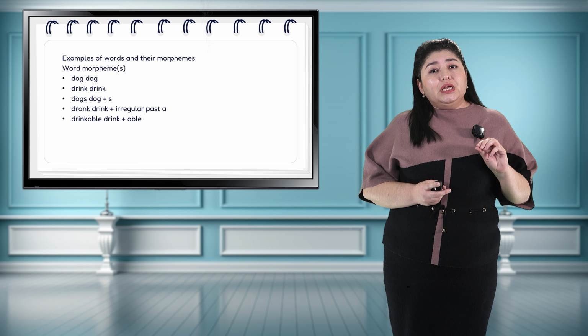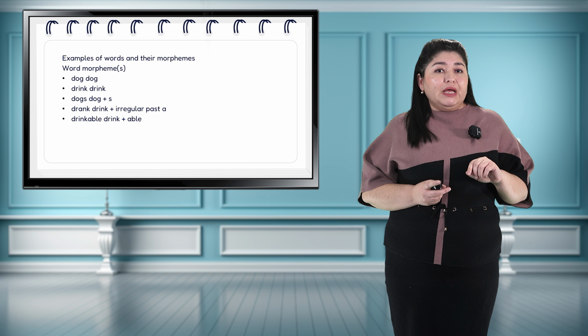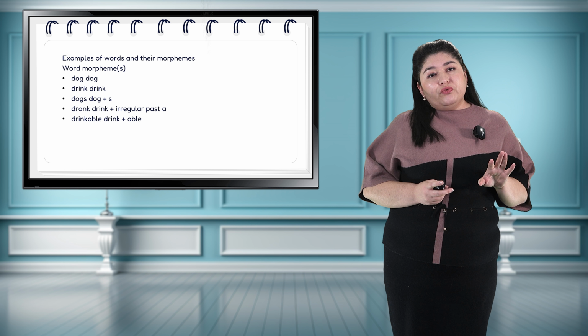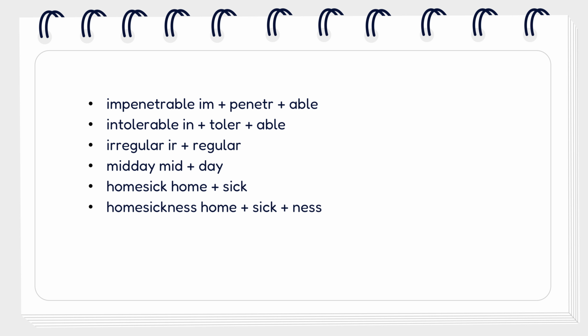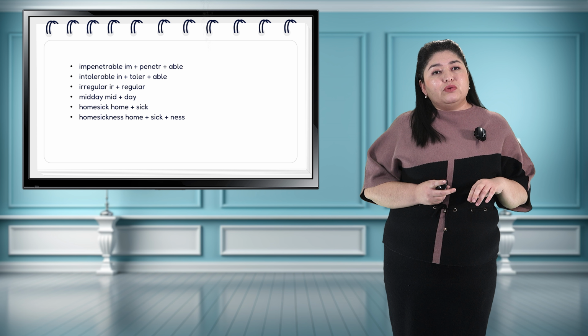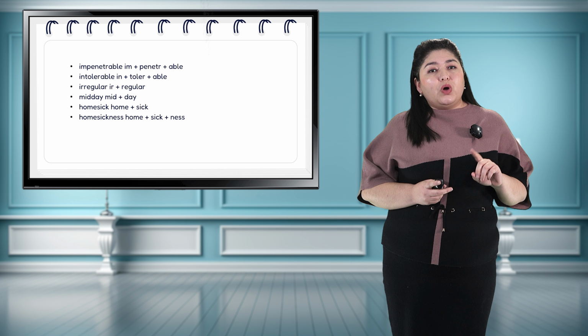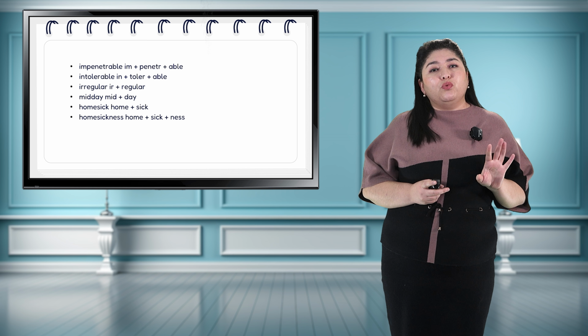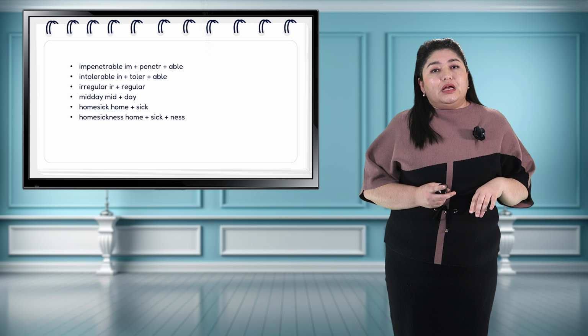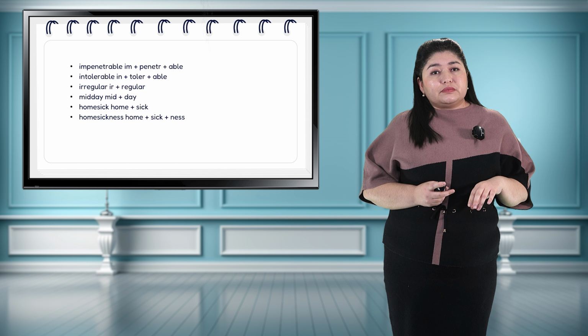For example, the word dog has only one morpheme, and there are no prefixes or suffixes. Or the word homesick, which has two morphemes, home and sick. Or homesickness, which has two morphemes and one suffix. Here home is a word, sick is a word, and ness is a suffix.